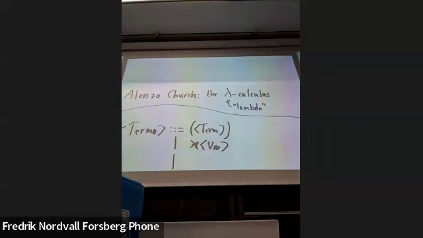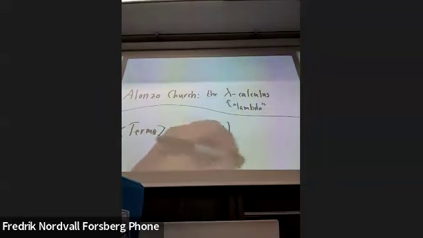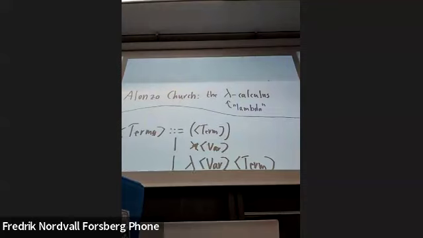Then there is a kind of term built with a lambda and then a variable and then a dot and then a term. And this is a way of writing down a function. A function takes an input and delivers an output. And lambda variable dot term says we're going to use the variable to give a name to the input.